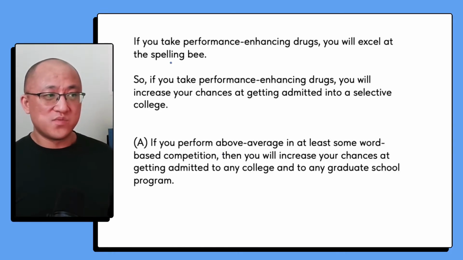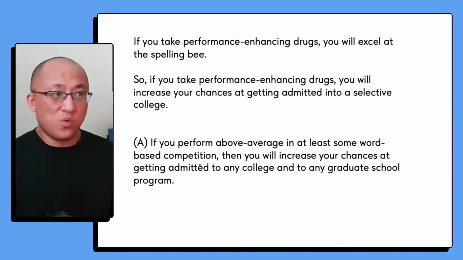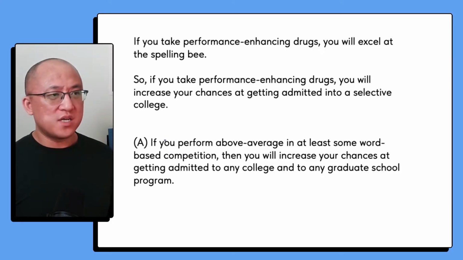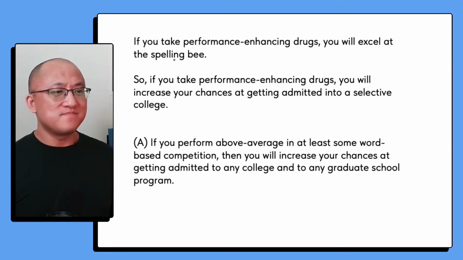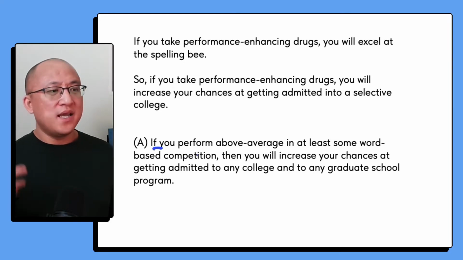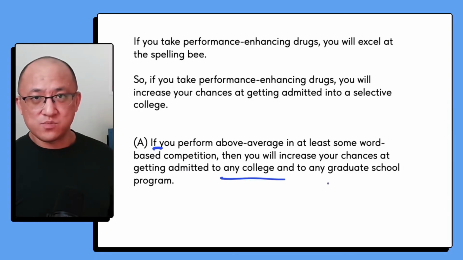And also, the spelling bee is a word-based competition. That's just part of what the definition of a spelling bee is. So there's no assumption being made here to make this answer choice work. Excelling at the spelling bee does put you into the if part of this answer choice. And so based on that, we will know you will increase your chances at getting admitted to any college and any graduate program.